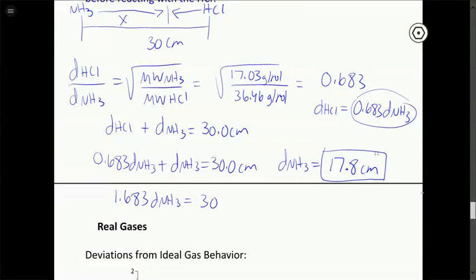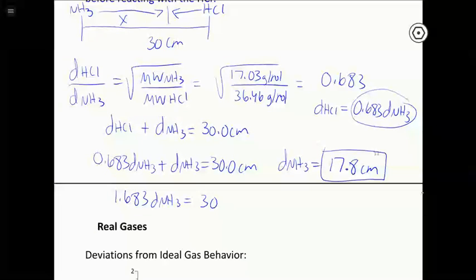This is our first equation, the ratio of the two. This is our second equation, which is the sum of the two. We do a substitution, so we replace DHCl with 0.683 times the distance of NH3. Then we add the two together to get 1.683 times the distance of NH3 equals 30. Just divide both sides by 1.683 and we get 17.8.